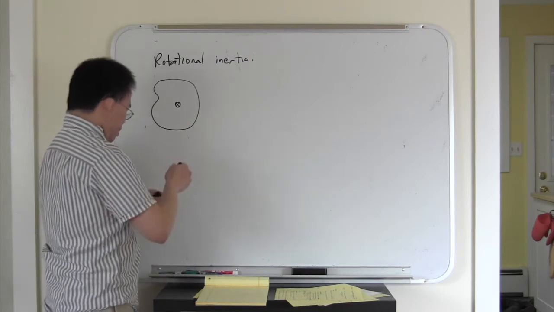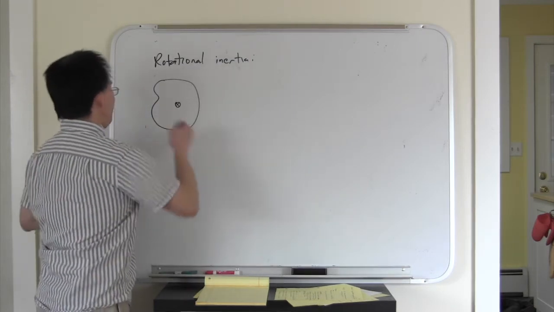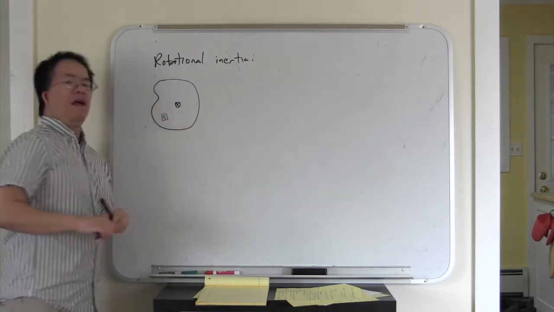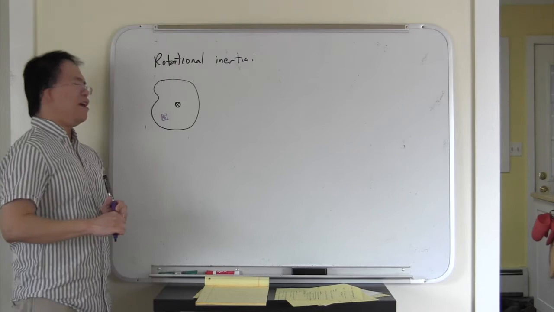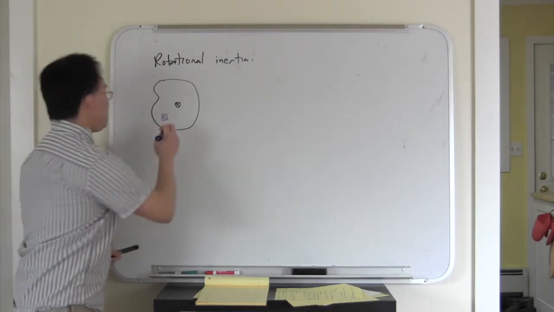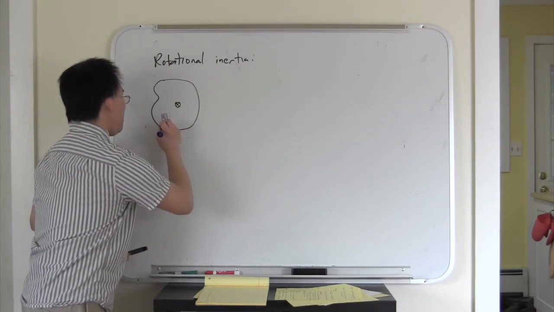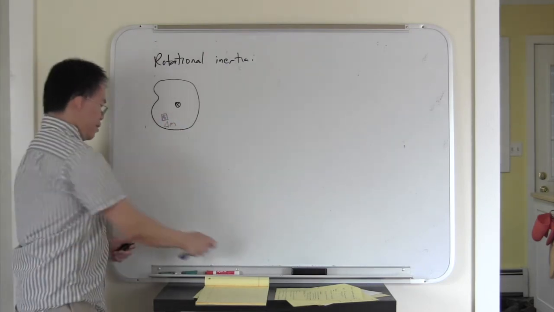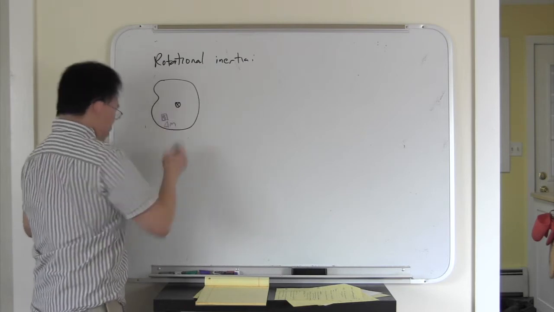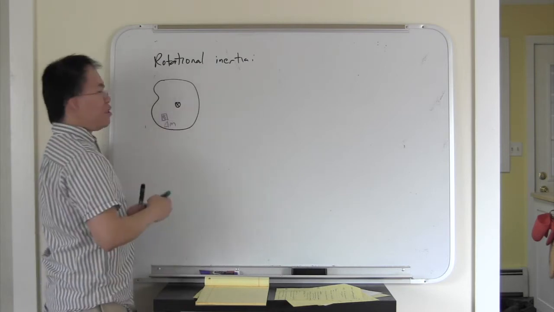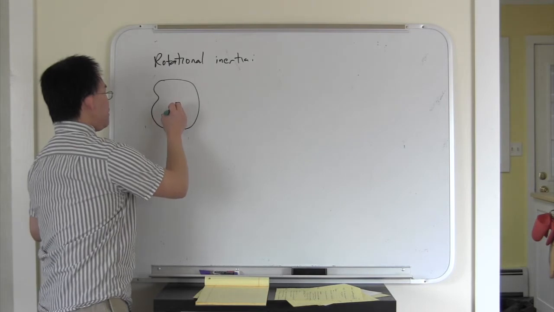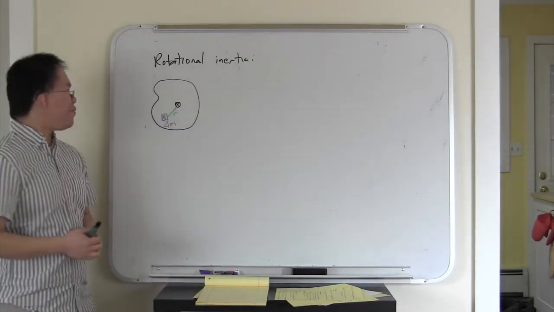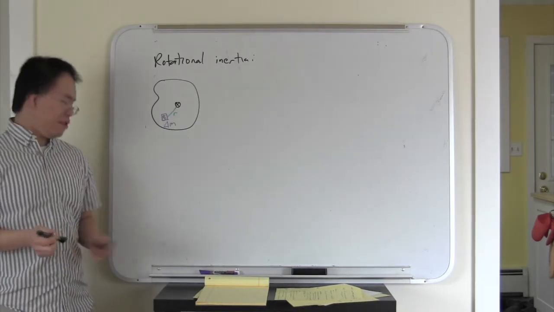So if I draw a little chunk here in purple, I can say it has a portion of the mass of my entire object, and I'll call the mass of that little chunk delta m. And then I can also define a radial distance r, a perpendicular distance, between my little chunk of mass and my rotation axis.